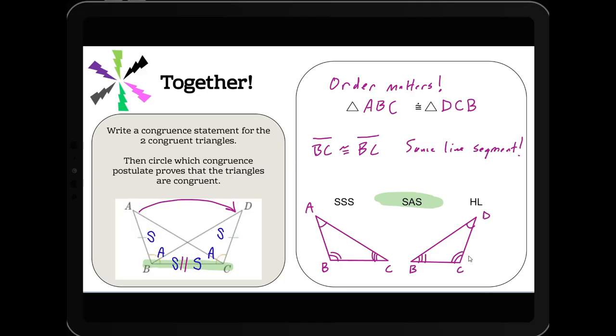So if it helps you to write it out, if it helps you even to identify the reason, right? So side, angle, side. See how the angle is included in between the two sides? That's how I know it's SAS. That's another way to visualize the problem when you're trying to determine what's congruent to what.